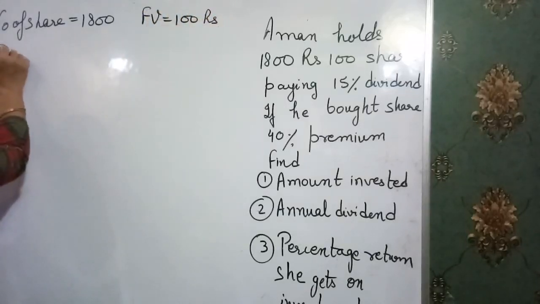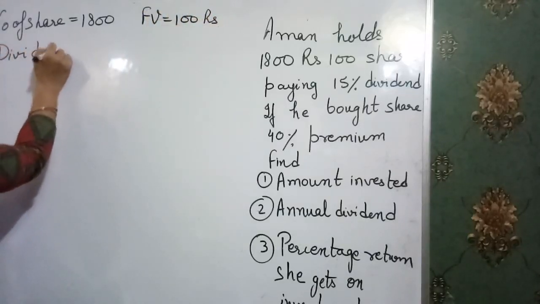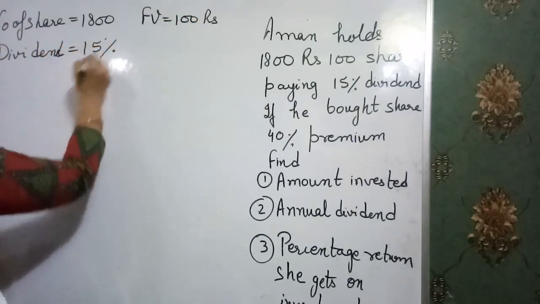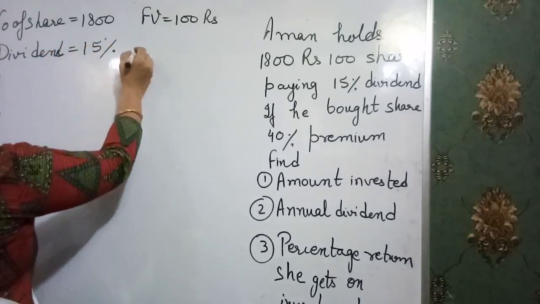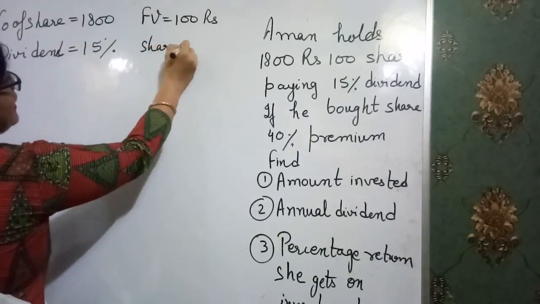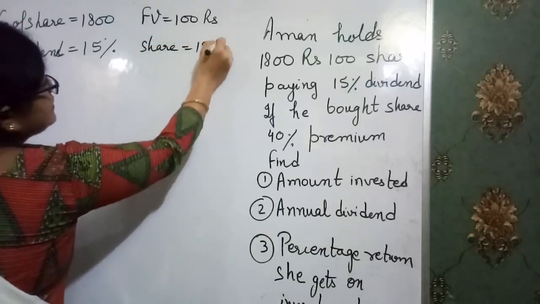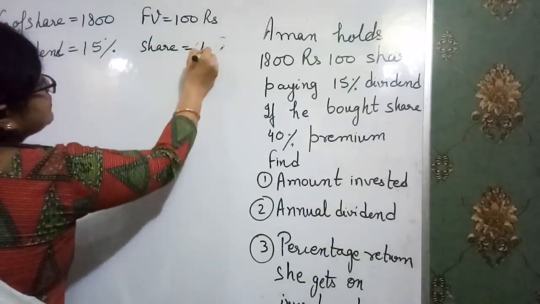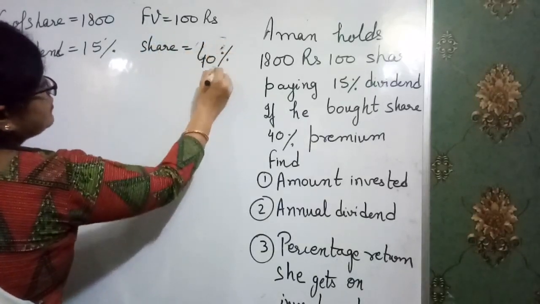Now the dividend he received from the company is 15%. Now one thing more, it is given that the share is bought at, no sorry, 40% premium. 40% premium.